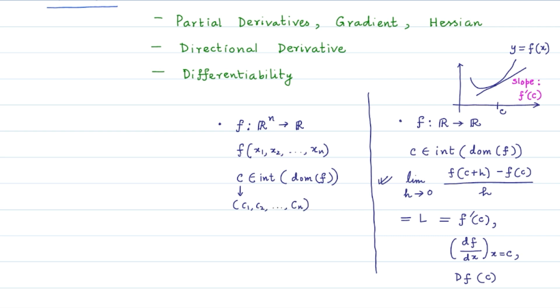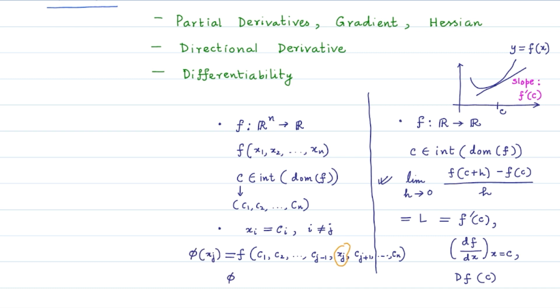In calculating the derivative of the function f with respect to one of the variables, say xj, what we do is hold all the variables xi at the value ci, keeping only xj as a variable. The function f reduces to a function of only one variable xj. Let's suppose this function of xj is the function phi.